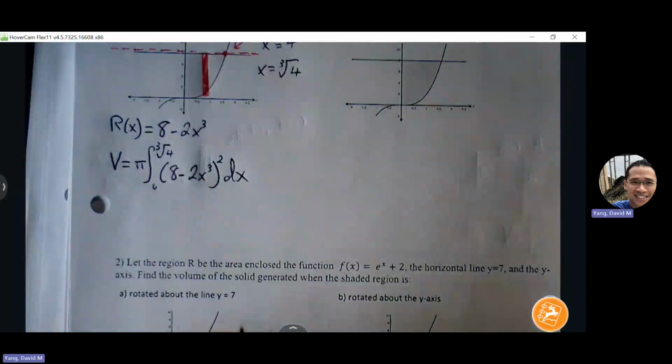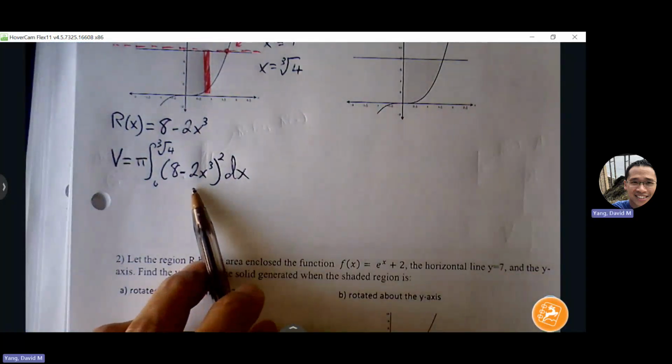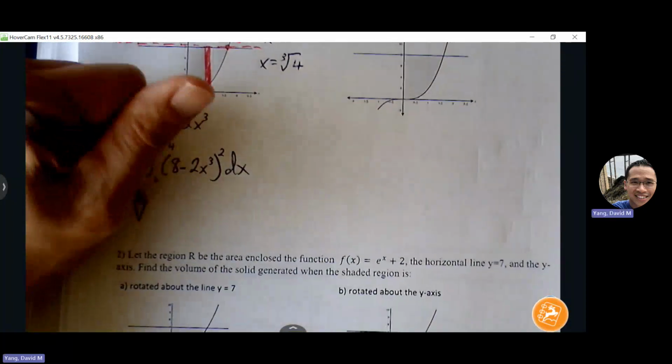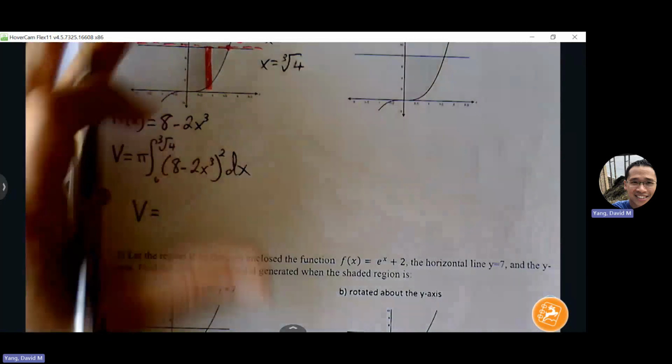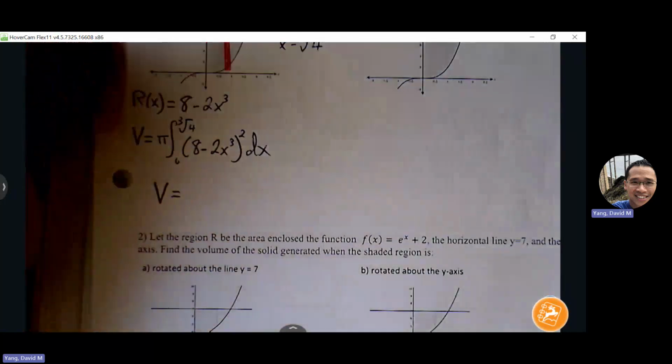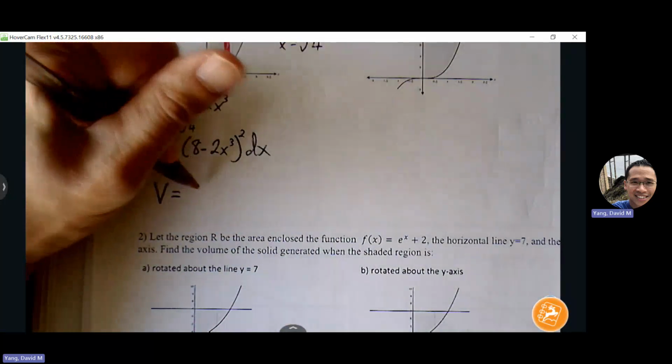Make sure you don't forget to square your radius inside your integral notation. Looks like this is not going to be able to get me a nice decimal, nice fractional value. So just round to 3 decimal places and attach pi at the end.